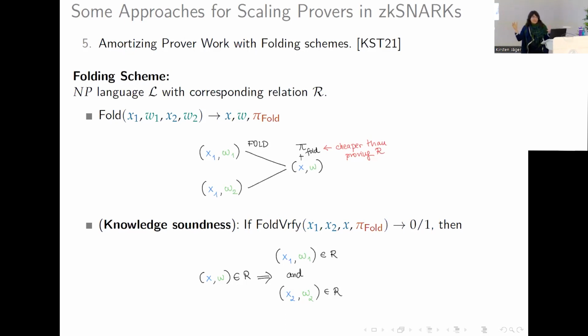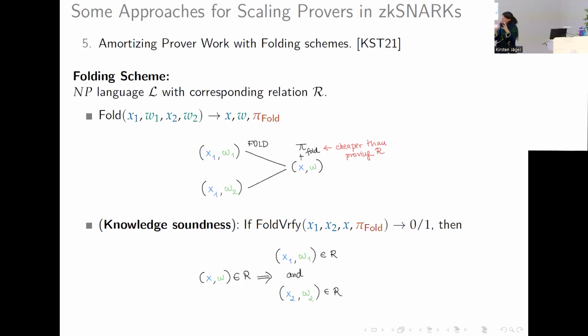And what you do is create a randomized instance that in some sense is a linear combination of these two instances in such a way that knowledge soundness is preserved. So you have collapsed these two instances into a single instance. And if you later prove that this single instance is in the language, now you also know that the two other instances were in the language, okay?